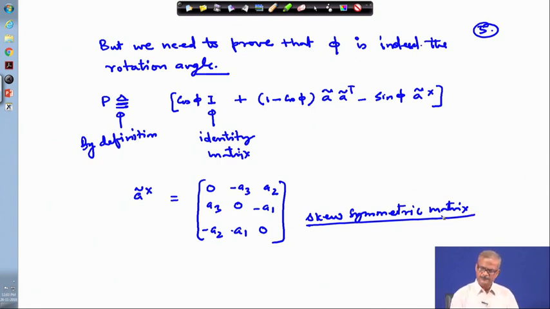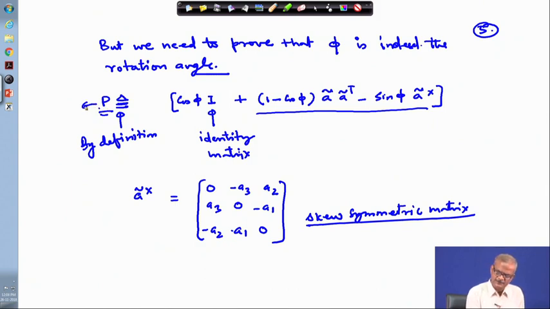Here right now we have taken it for granted that this is the combination which is representing matrix P, and we need to prove that this P happens to be a rotation matrix which rotates about the eigen axis A tilde. This is the eigen axis.